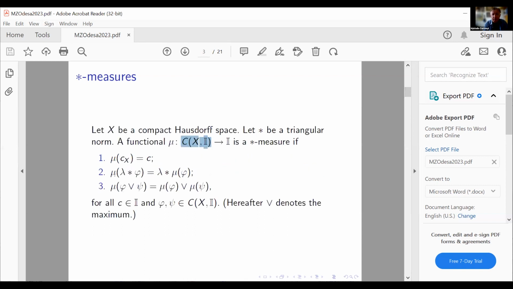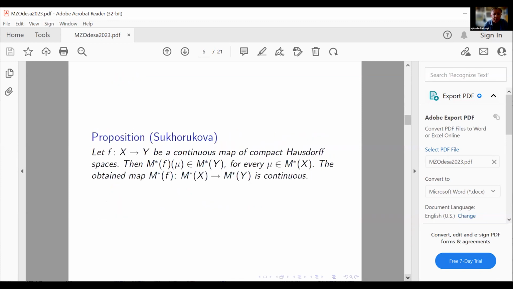Every star measure is a functional, so we say that a sequence of measures converges to a measure if the values on every function converge to the value of the limit measure. Usually, it's the traditional definition of weak star convergence.